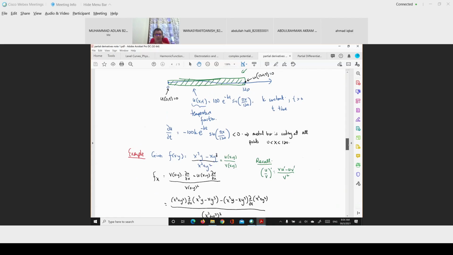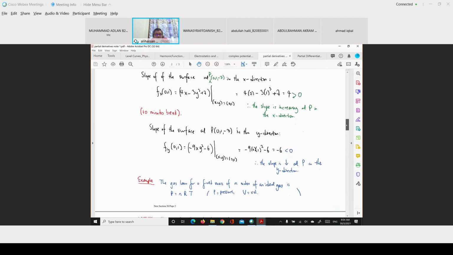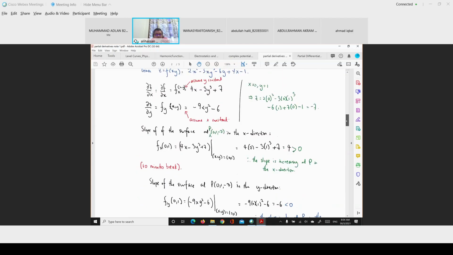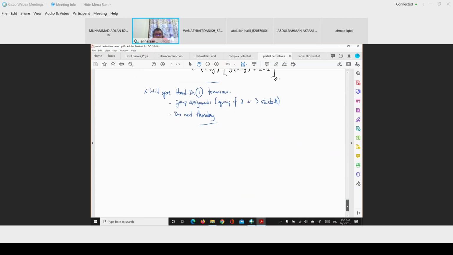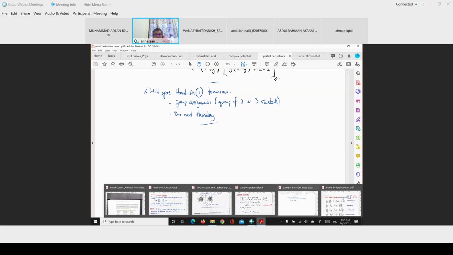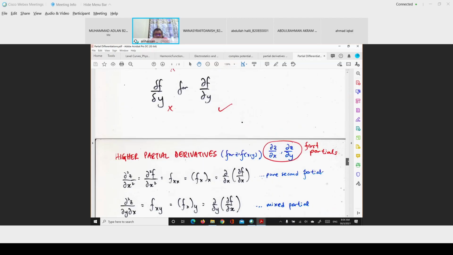So far, we have only looked at partial derivatives of functions of two variables. The idea can be extended also to partial derivatives of more than two variables.